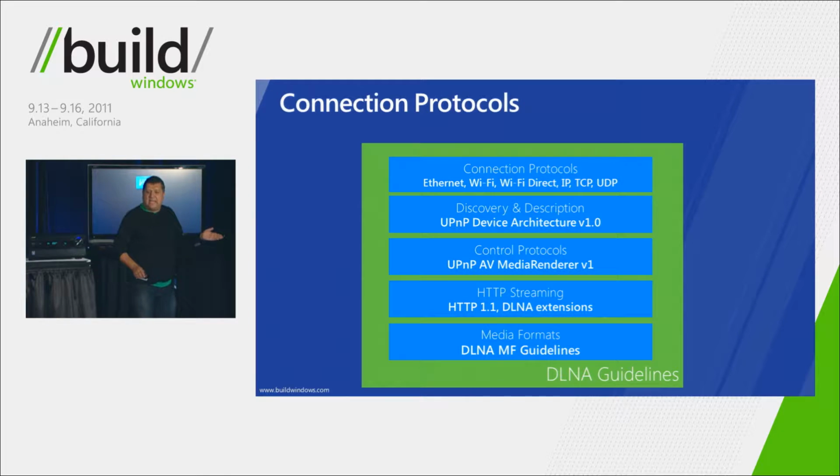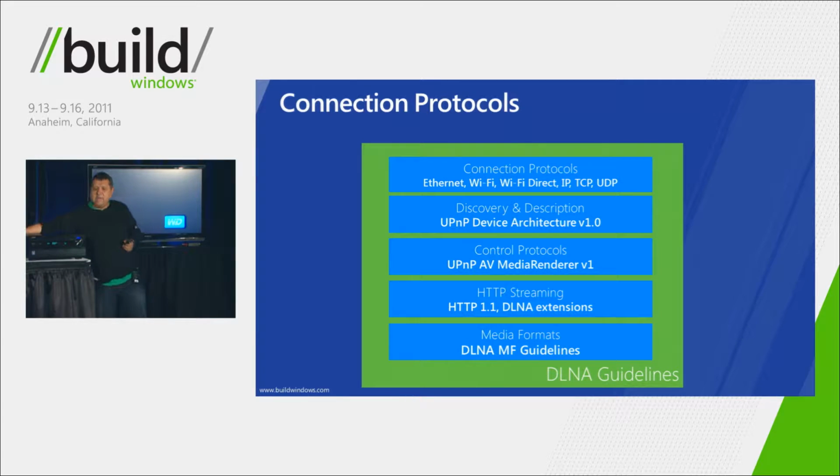The final layer is media formats. When a Play 2 controller talks to a TV, for example, they have to know what media formats can be played. And the DLNA organization has actually accumulated and defined a list of identifiers that are used exactly for that purpose.